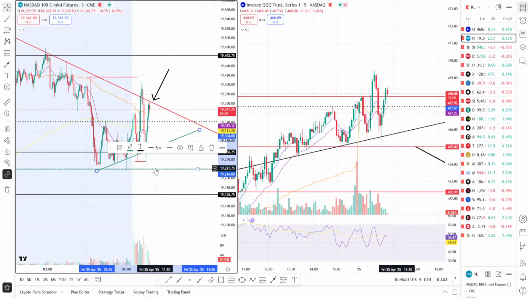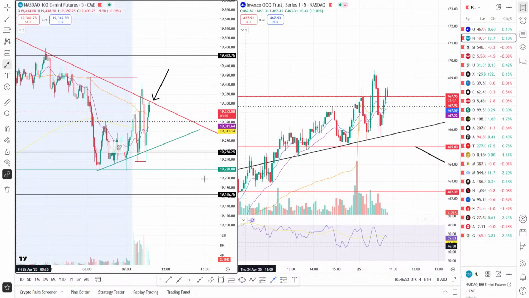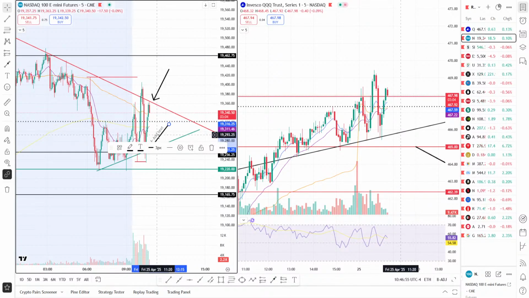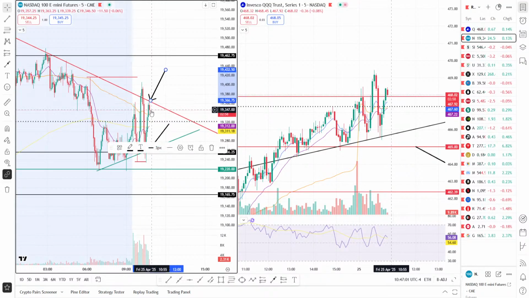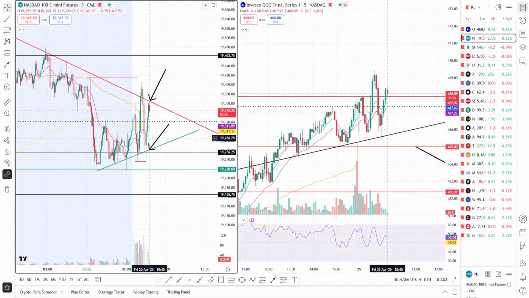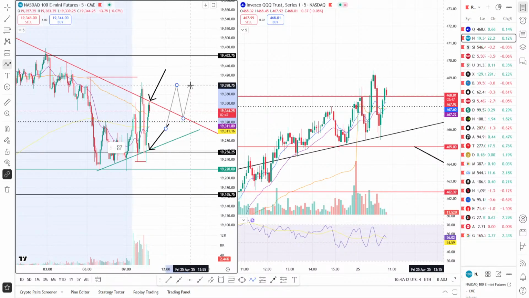You can get a couple points there, or sell from up here. But I wouldn't plan on that breakout until it happens. I want to see a breakout and then a pullback.